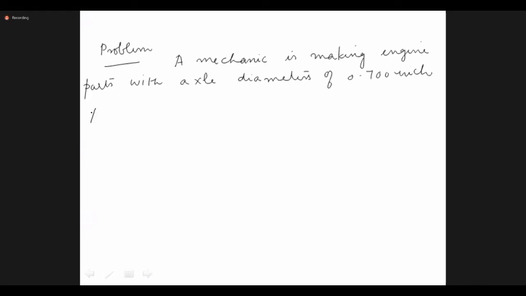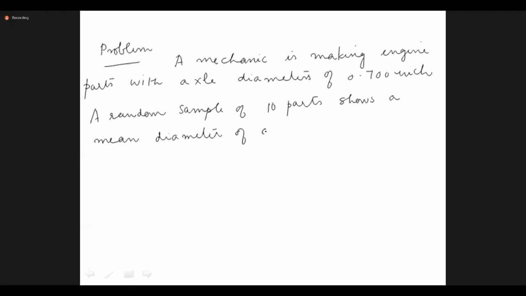A random sample of 10 parts shows a mean diameter of 0.742 inch with a standard deviation of 0.040 inch.